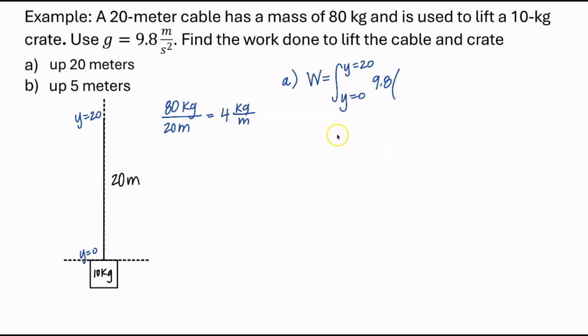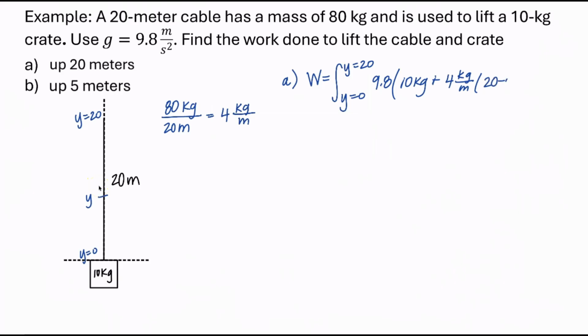So the total mass here as a function of y is going to be the mass of the crate at the bottom, so we're going to put 10 kilograms, plus, well, we had that each meter is 4 kilograms, so we have 4 kilograms per meter times, well, if I think about just a y value between 0 and 20, that distance traveled is going to be 20 minus y.